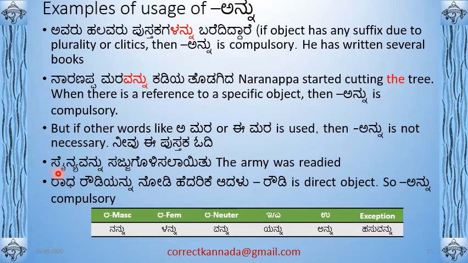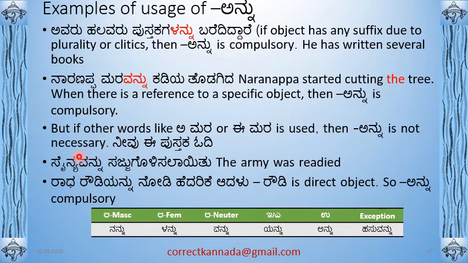Then this is Sainyavannu. Sainya means army. Sainyavannu Sajjugolisulayitu. Sajjugolisulayitu means it became ready, was ready. See, it was made to be ready. So this is like a passive voice sentence. Okay. Sainyavannu, the army was ready, as you could see in English.